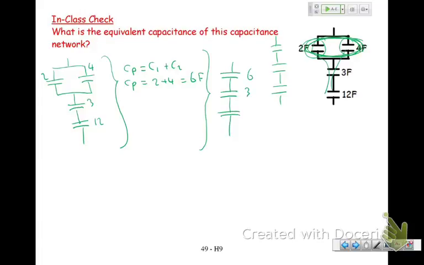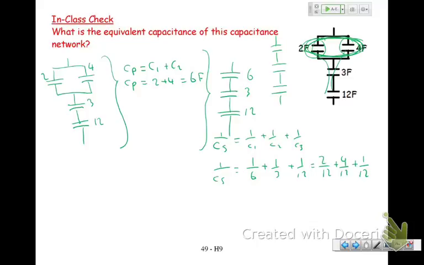Six plus 3 plus 12. 1 over C series is equal to 1 over C1 plus 1 over C2 plus 1 over C3. 1 over C series is equal to 1 over 6 plus 1 over 3 plus 1 over 12, which equals 2 over 12 plus 4 over 12 plus 1 over 12. 1 over C series is equal to 7 over 12.